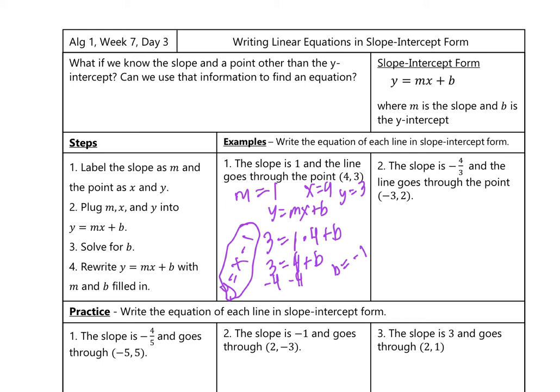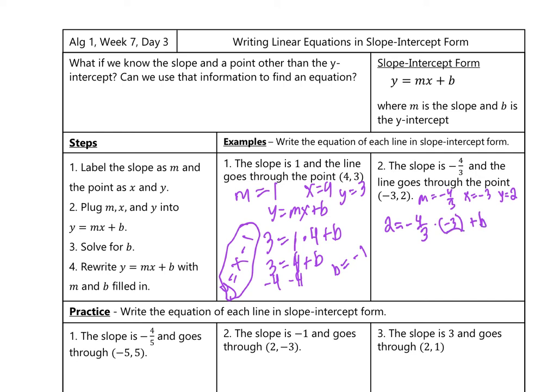Let's look at a second one here. This one has a slope that's a fraction. So that could be interesting. We're going to do negative 4/3 is m, and x is negative 3, y is 2, and so 2 equals negative 4/3 times x, which is negative 3, plus b.